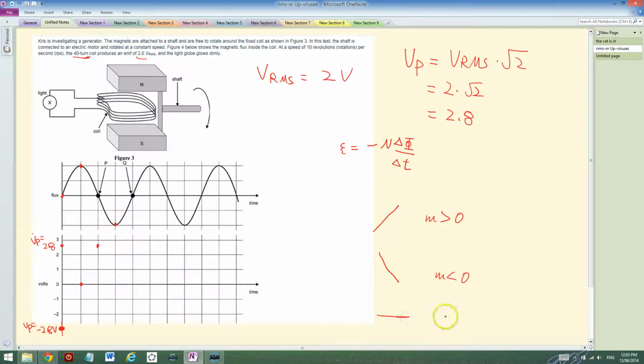At the turning point, the gradient is 0. When the gradient is positive maximum, but with a minus sign in the front, it becomes negative. So do the same thing for every individual important point.